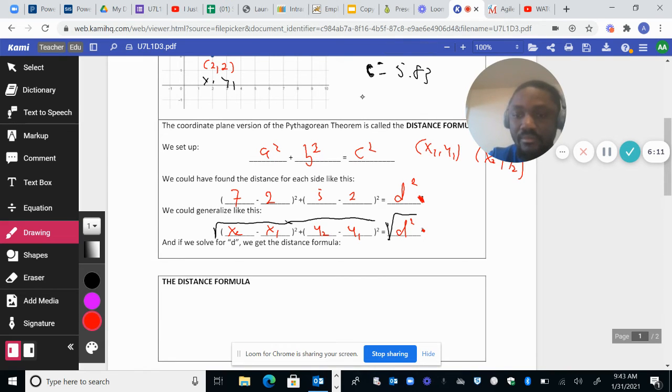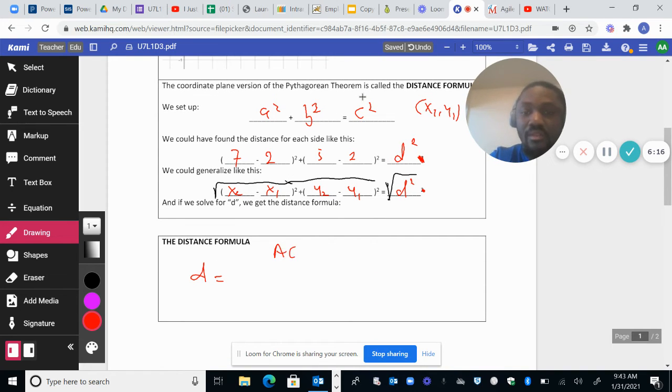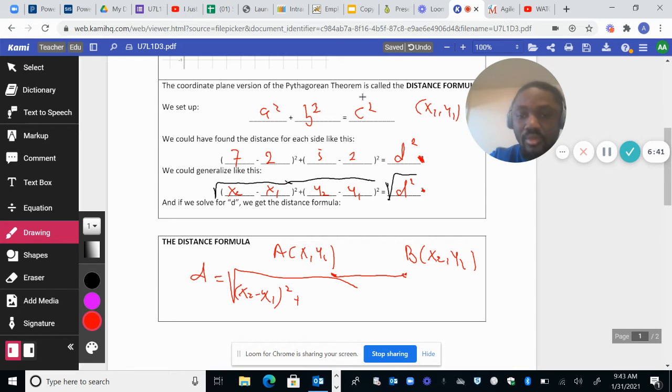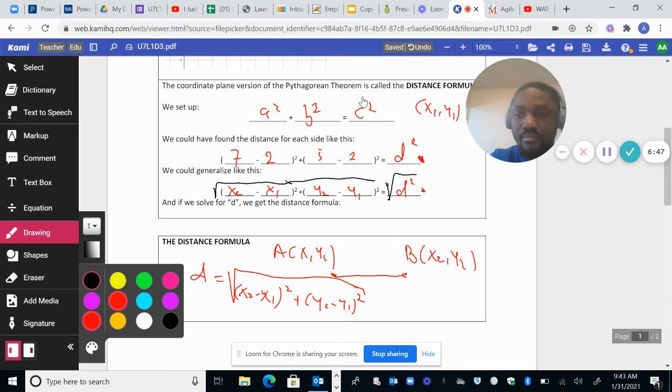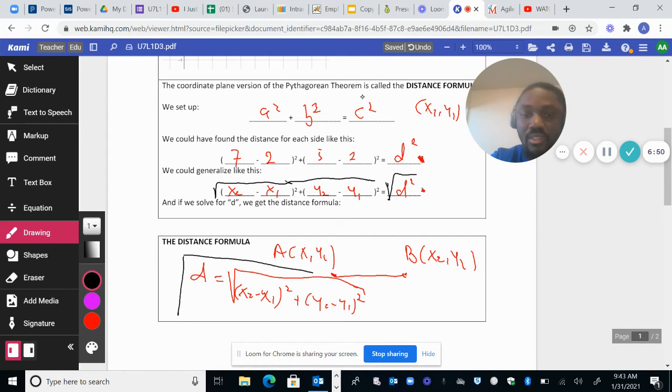D equals, if you have 2 points, A with coordinates x1, y1 and another point B with coordinates x2, y2, and you want to find the distance from A to B, d is the square root of x2 minus x1 squared plus y2 minus y1 squared. This is called the distance formula.